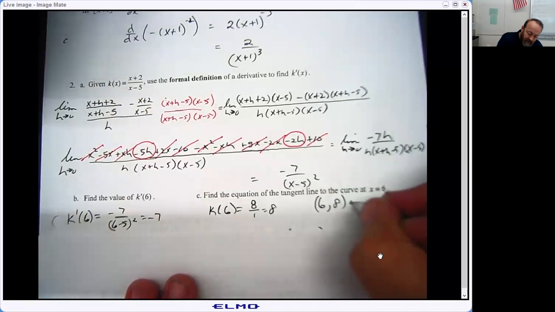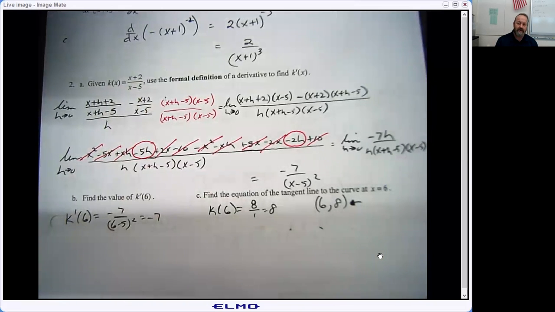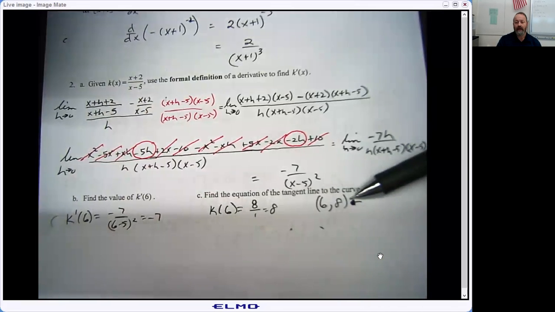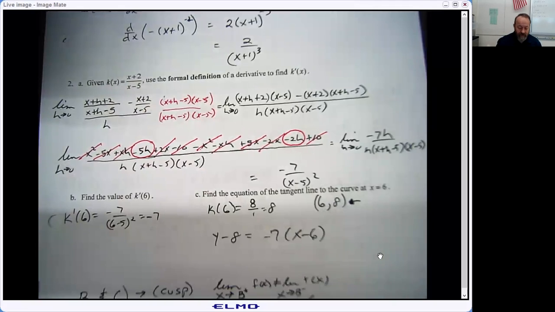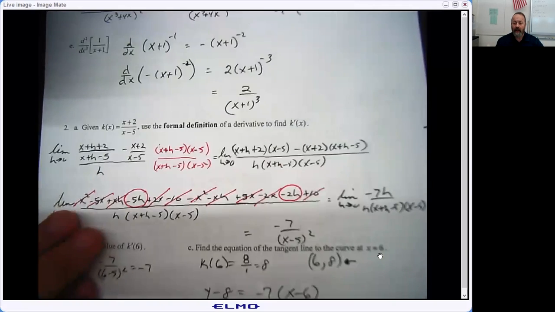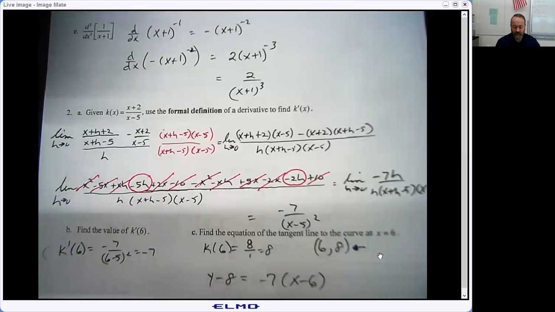So keep in mind that if you have the tangent or the normal to the curve, you must not only have the slope, but you need a point on the curve. So from the original equation, I found out that 6 gave me 8. And now that I have the 6 and the 8 and I have my original slope, point slope formula, I've got what I need, and that's going to be an amazing answer.